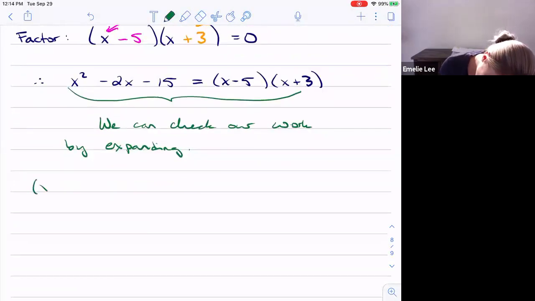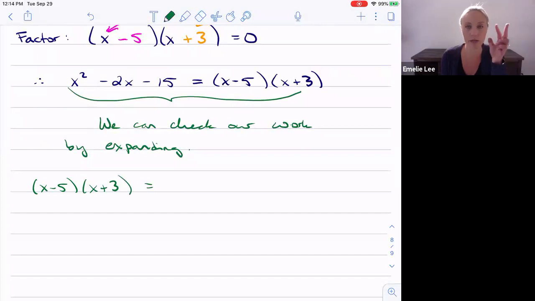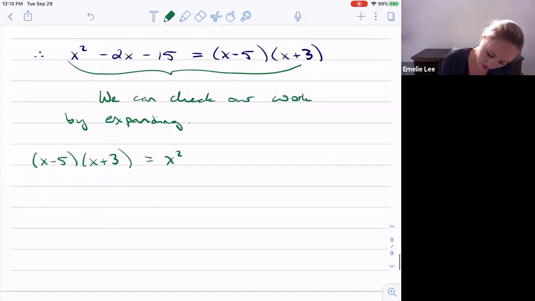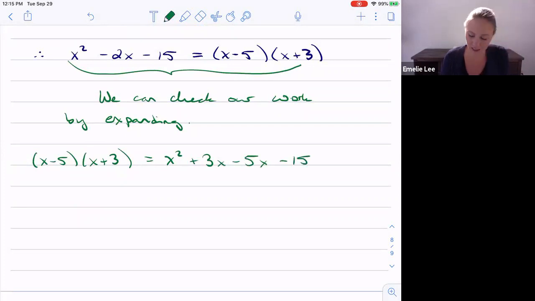So I can have x minus 5 times x plus 3. If I expand this, x times x is x squared. And probably from the other day, you remember you have to take x times 3, negative 5 times x, negative 5 times 3: x squared plus 3x minus 5x minus 15.